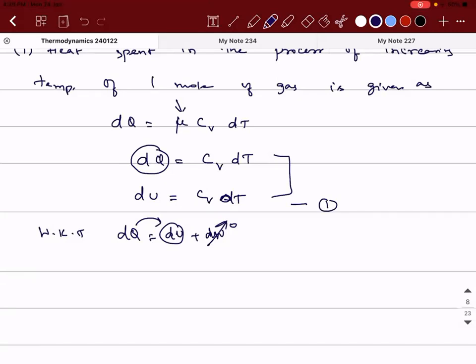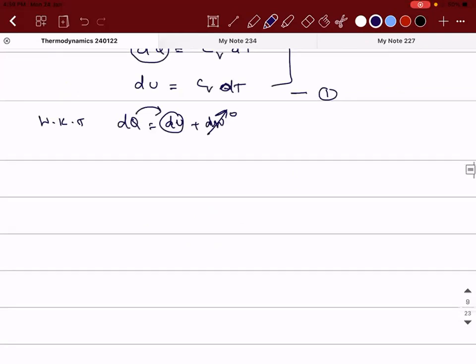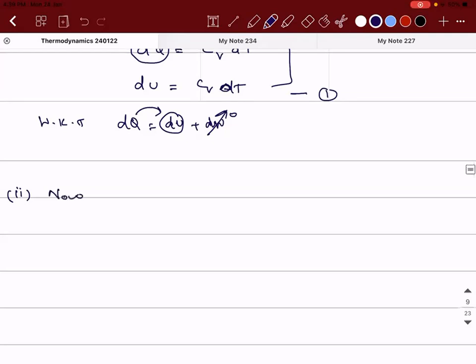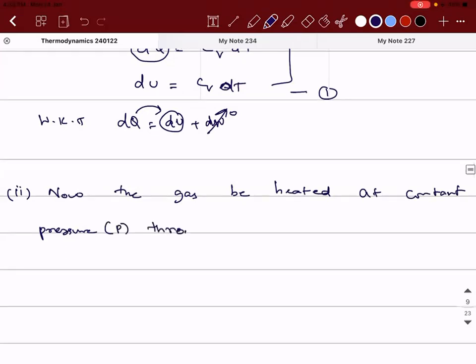Now the second scenario comes in. The gas, which is of 1 mole, is heated at constant pressure, that is P, through a temperature of dT.